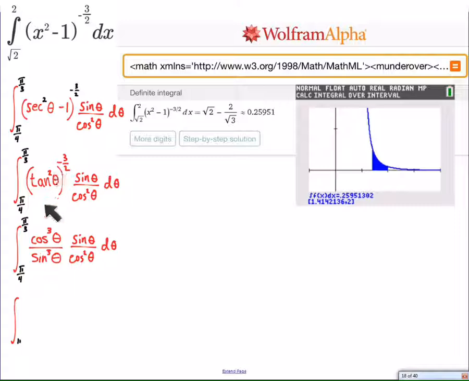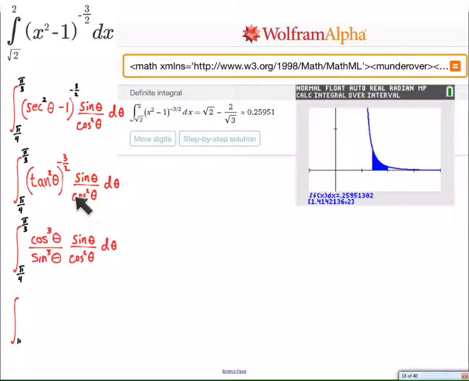We take the reciprocal of tangent, sine over cosine, which becomes cosine over sine, and then the cube is also there, because 2 times 3 halves is 3, so we're basically making this tangent cubed. Then we flip it over and make it cotangent cubed, and then we turn cotangent into cosines and sines. A lot of trig identities going in there.